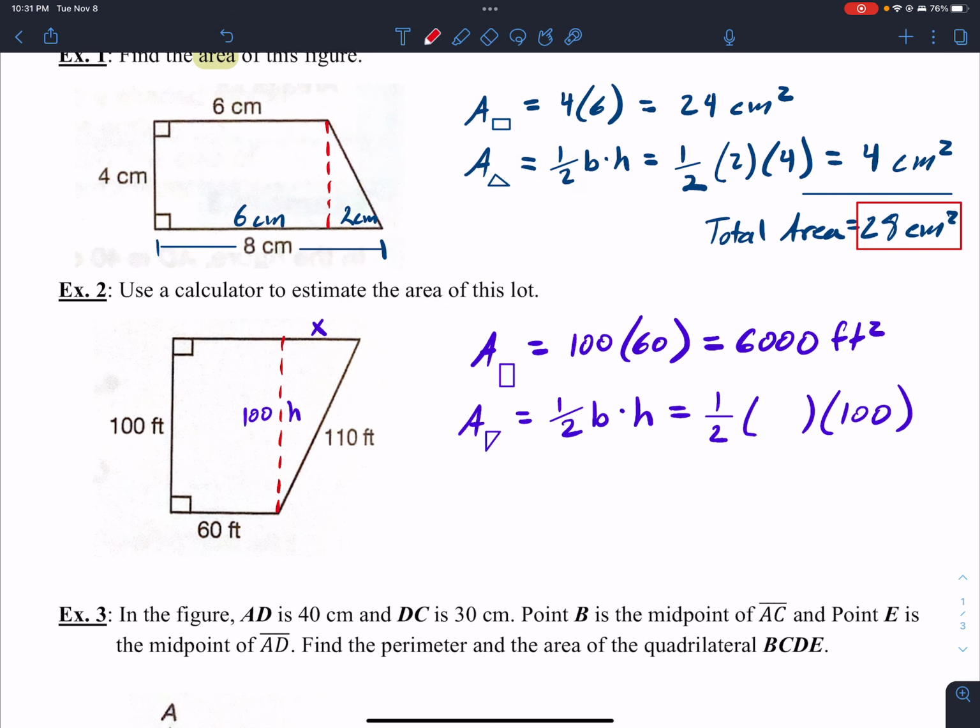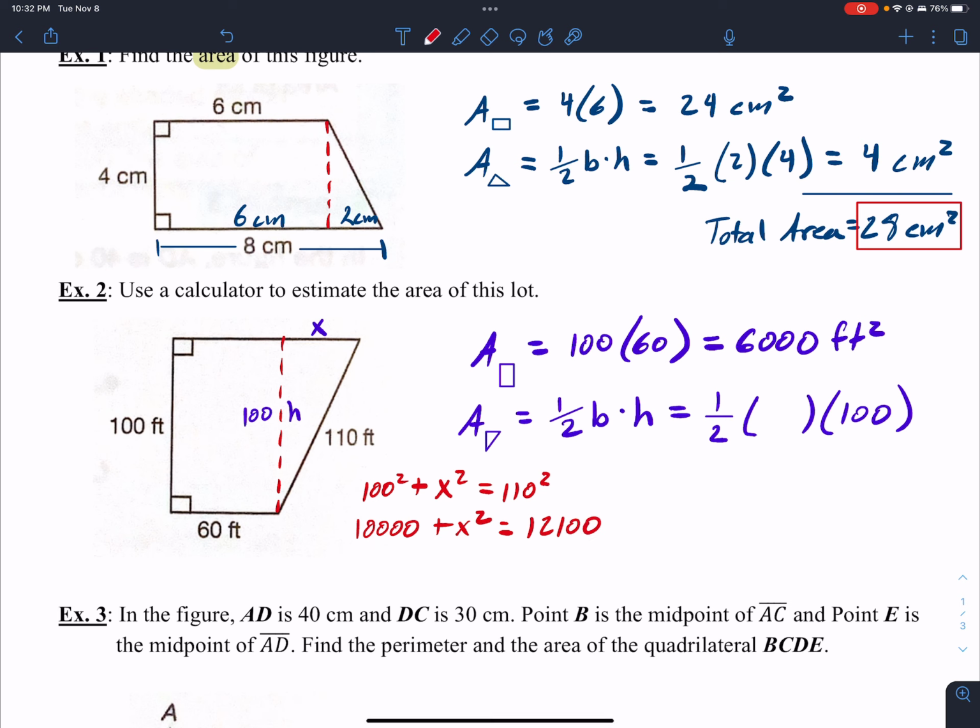So the Pythagorean theorem says that 100 squared plus x squared has to be equal to 110 squared. All right? So 100 squared, of course, is 10,000. 10,000 plus x squared equals 110 squared. I've got a calculator here off to the side. 110 squared is 12,100. I should have known that off the top of my head because it's just 11 squared with the extra zeros on it.